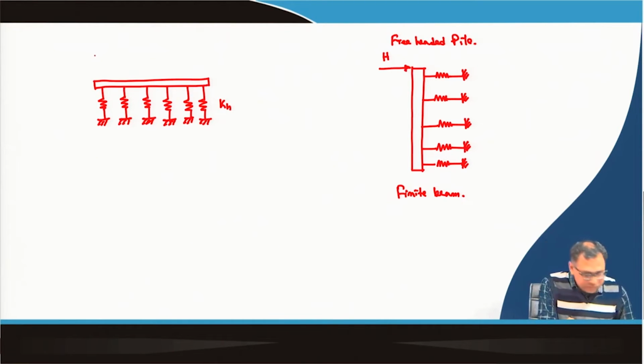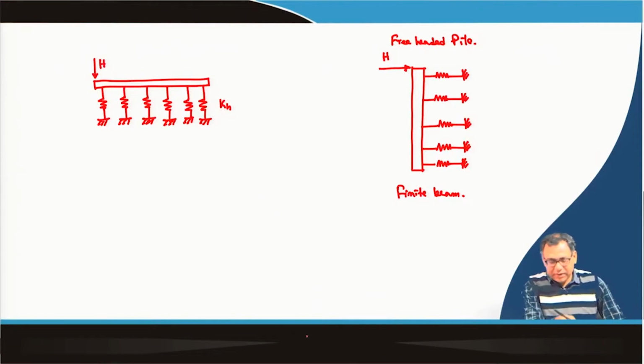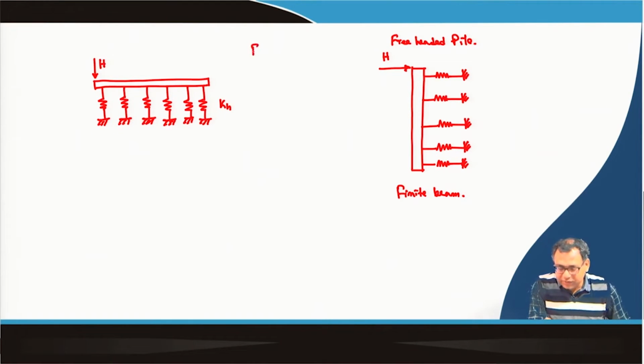Here H is acting, and the same thing I am drawing here. Due to this H, you have to determine the shear force and bending moment at both ends. Then you have to apply end conditioning forces so that the net shear force and bending moment will be 0 for a free headed pile. Both ends are free.